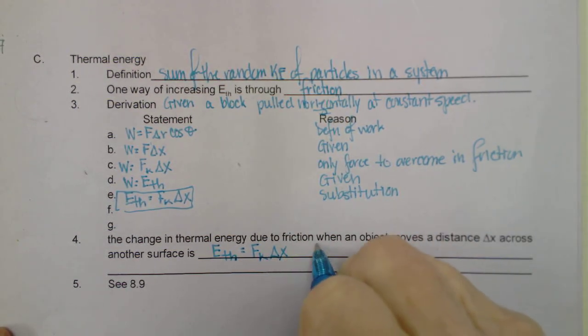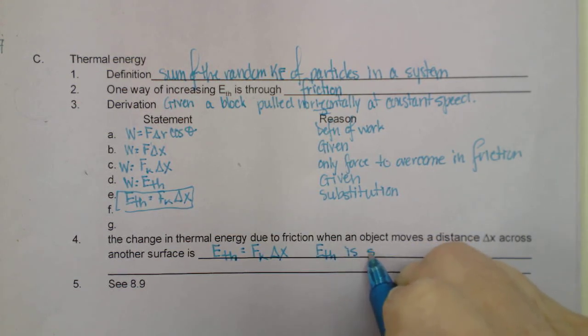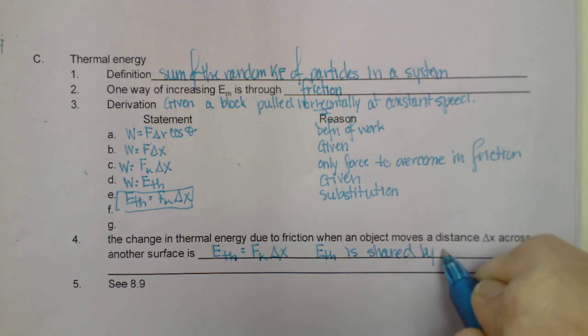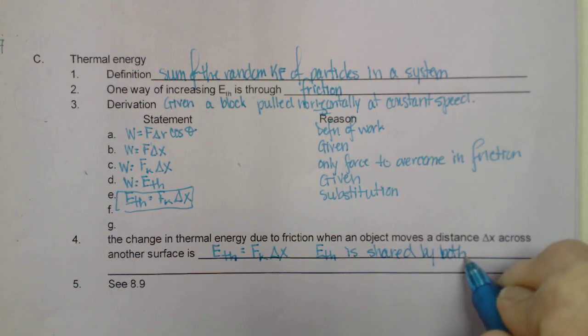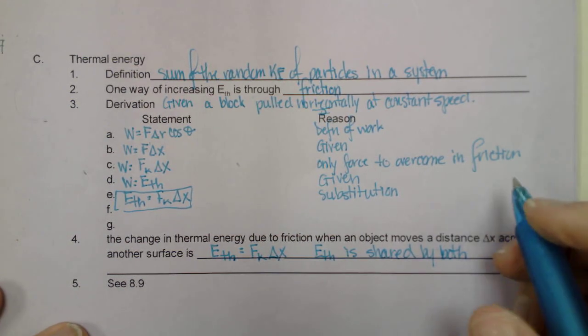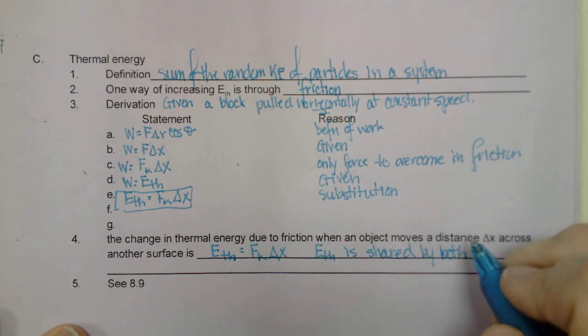And the thermal energy is shared by both surfaces. If this is caused by friction, then you understand when you rub your hands together, both hands get warm, not just one. So the thermal energy is shared by both surfaces.